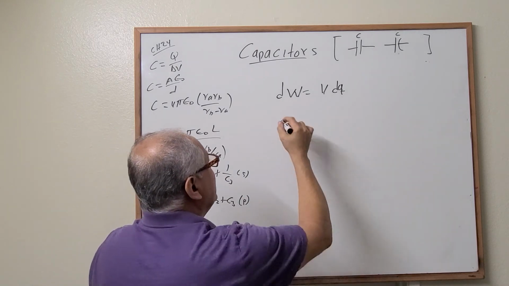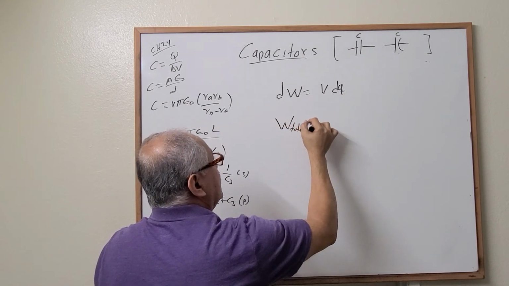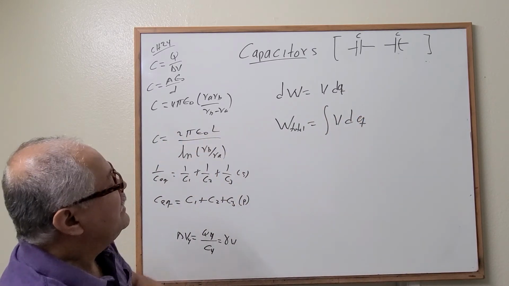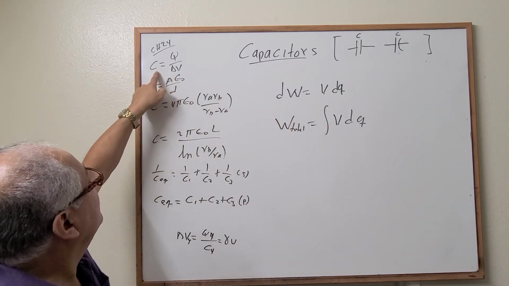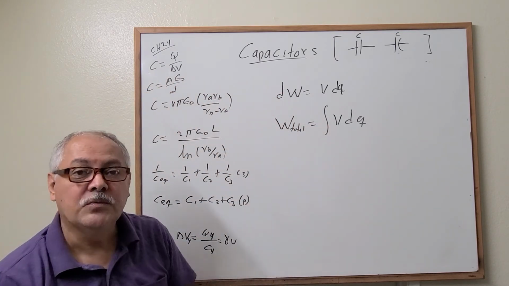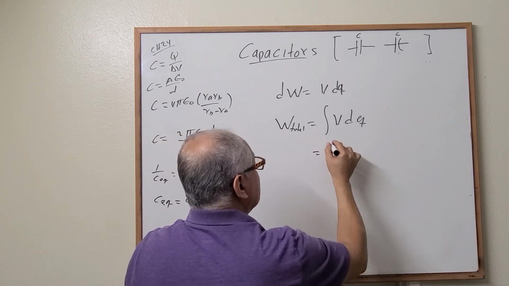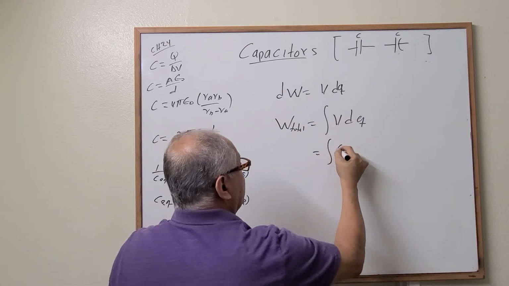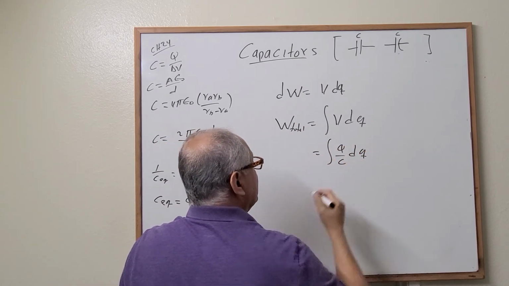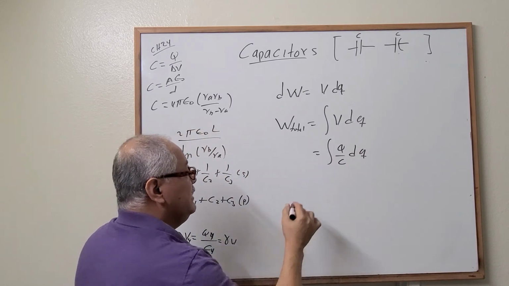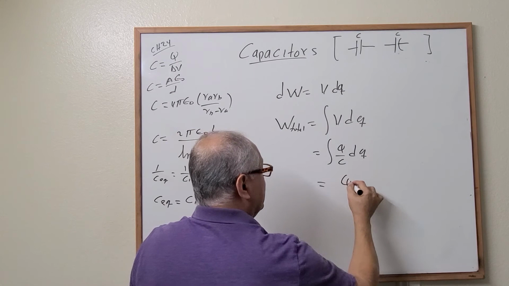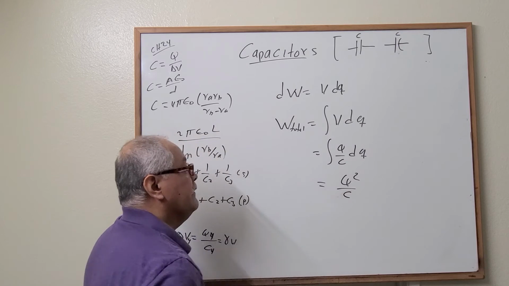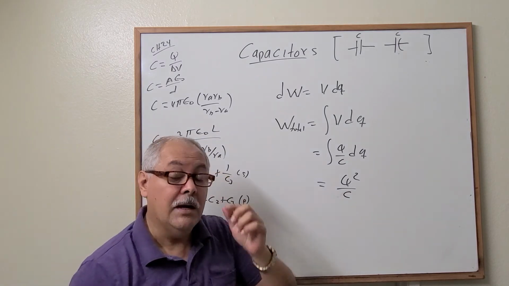So the total work is equal to the integral of V times dQ. But V comes from the definition of capacitance, so this is equal to the integral of charge divided by C times dQ. And this is equal to the total charge squared divided by 2C. This is the total work to charge the plate.